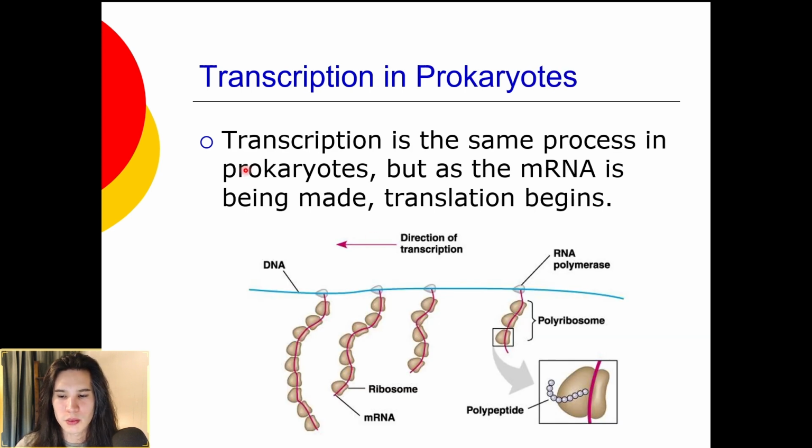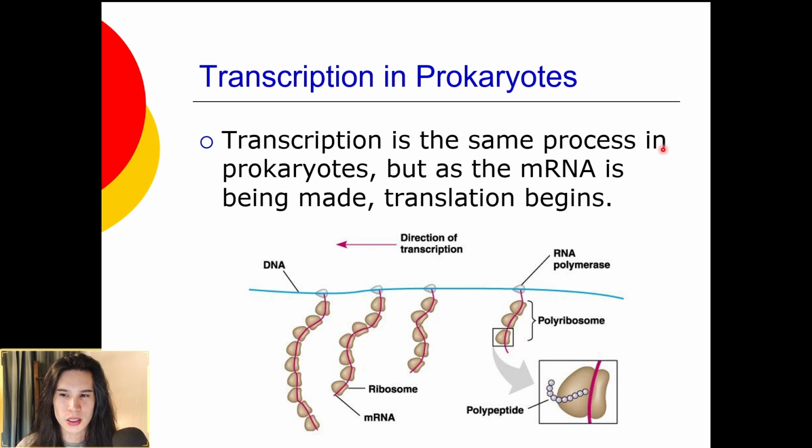So in prokaryotes, it's actually going to be a pretty quantity over quality kind of organism, where as transcription is happening on the DNA, as you're creating that mRNA, instead of splicing it and then sending it out of a nucleus, remember your prokaryotes don't have nuclei, your ribosomes are already going to be binding to that mRNA, and it's going to be translating that mRNA immediately.